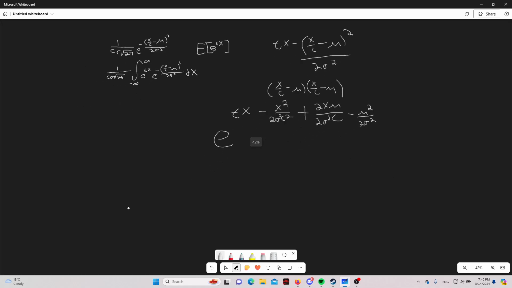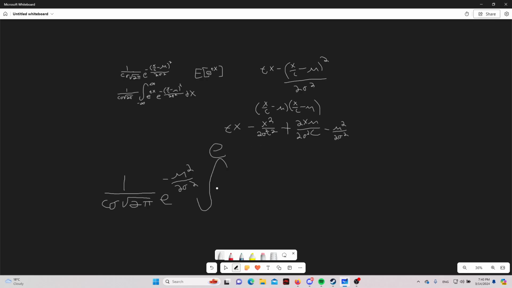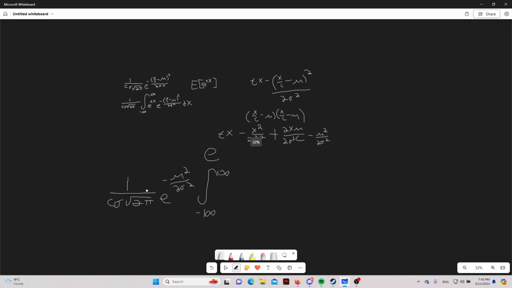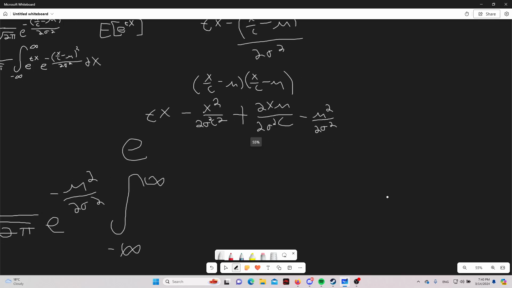And so let's do 1 over c sigma root 2 pi e, and then we're going to take out this constant, e to the negative mu squared over 2 sigma squared, and times the integral from negative infinity to positive infinity. So we got rid of this constant.